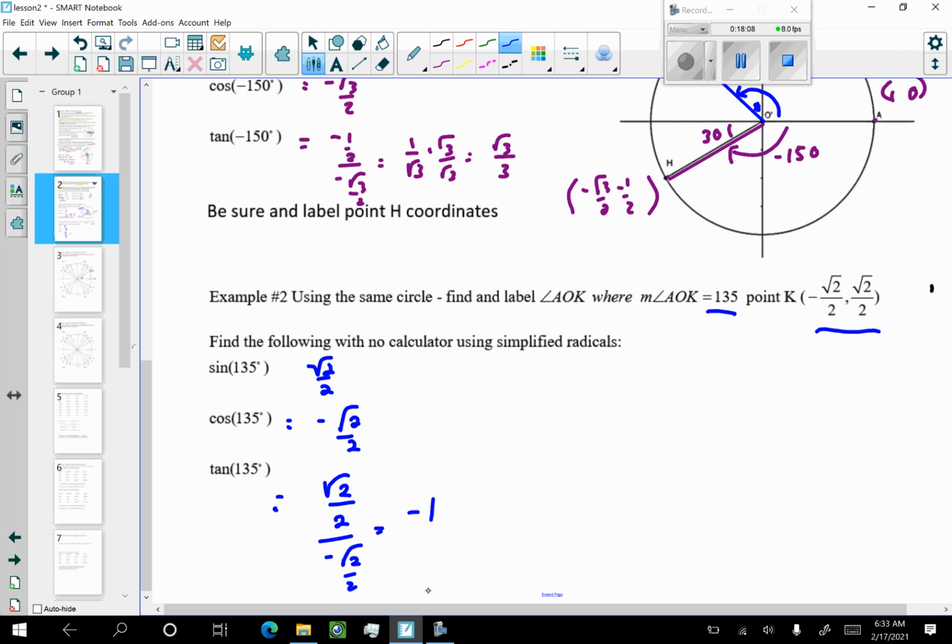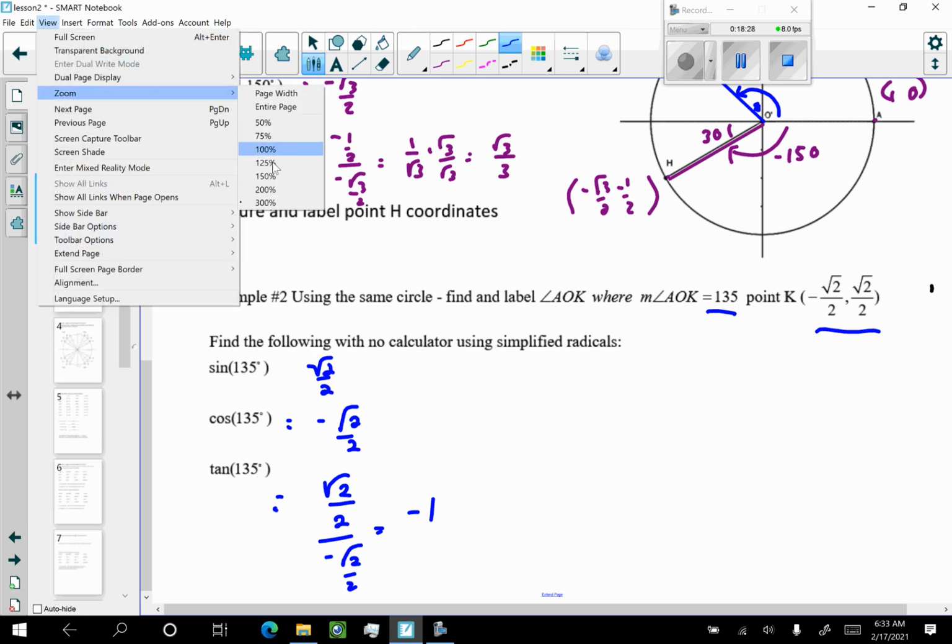So there's a lot going on in this lesson. You might have to read this lesson a couple times. This is an extremely important lesson for success in pre-calculus.